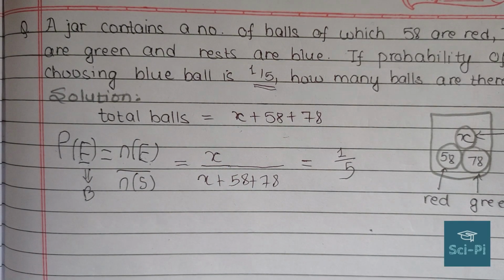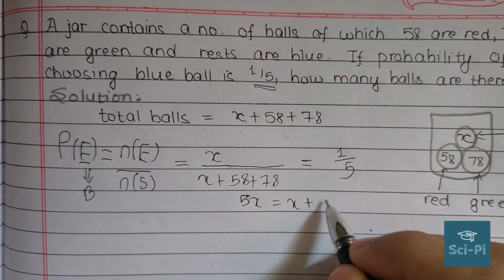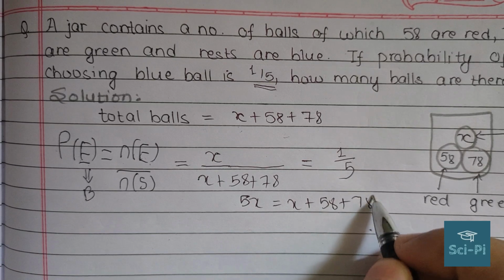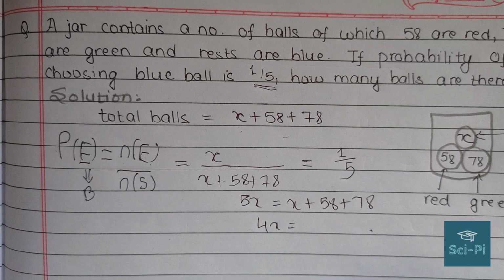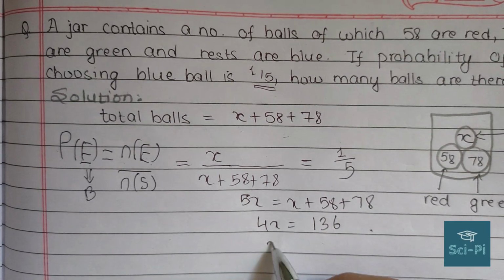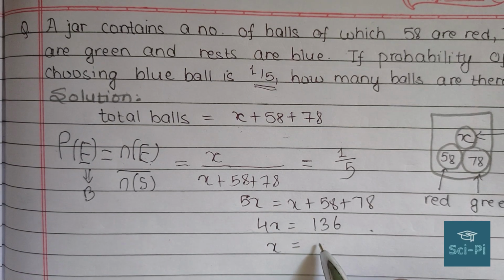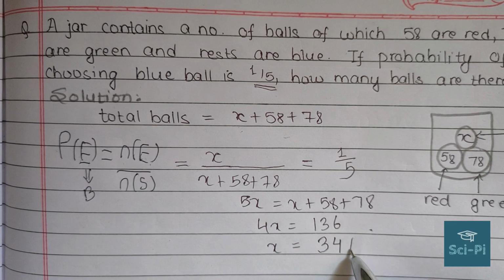Now let us just solve this. We'll get 5x equal to x plus 58 plus 78, which implies 4x equal to 58 plus 78, that is 136, which implies x will be equal to 34 balls.